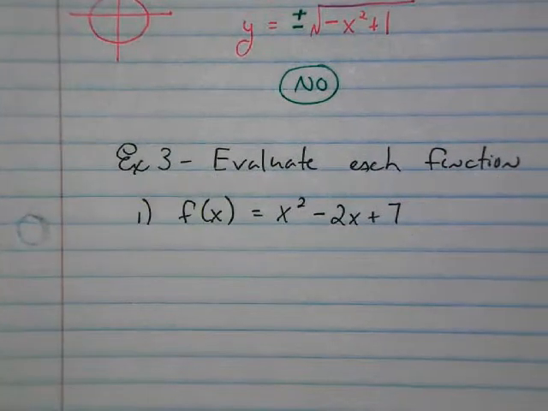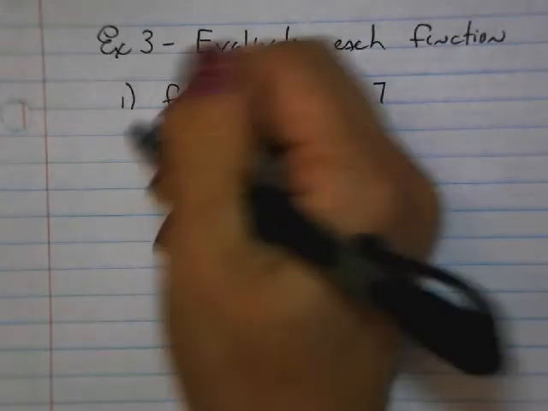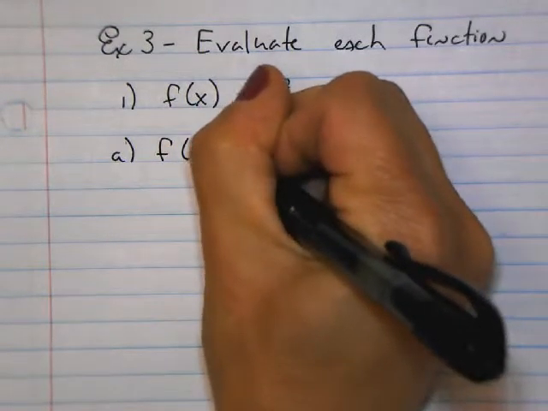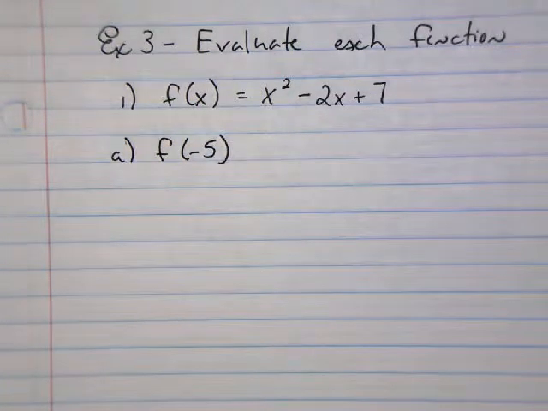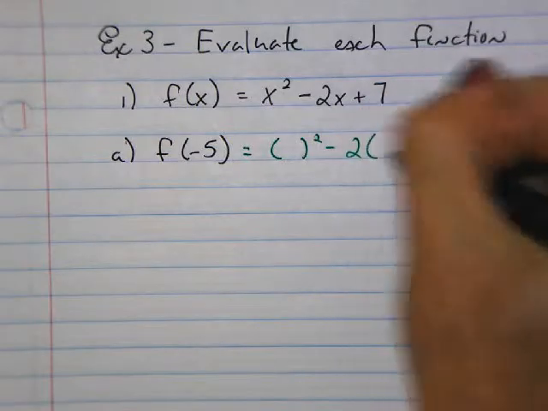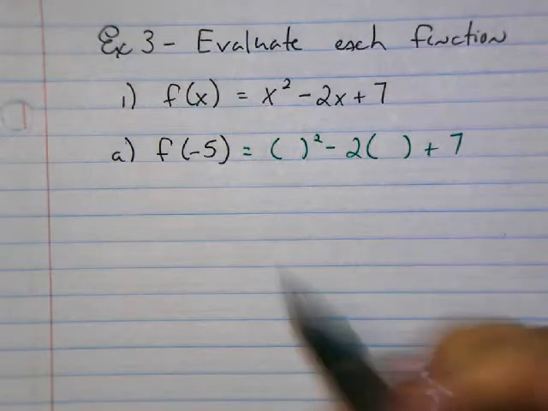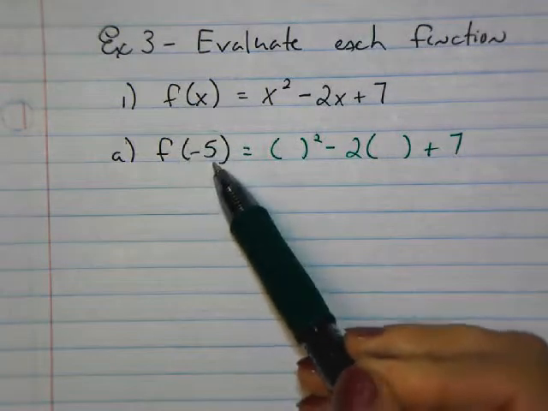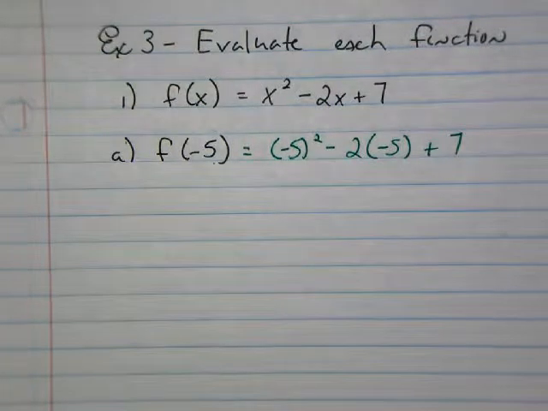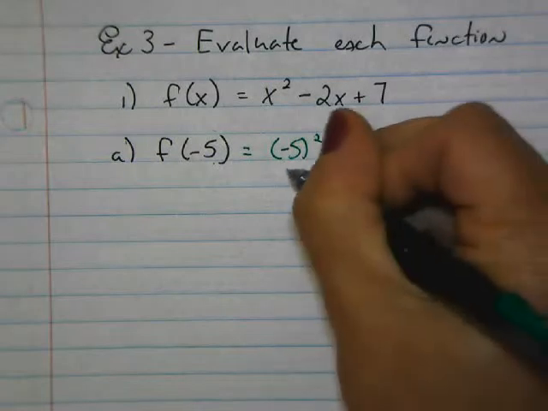Alright, the first one, I want you to find f of negative 5. All that means is anywhere you see an x, this time you're going to replace it with the value of x, which is negative 5. And now you evaluate the expression. So I get 25 plus 10 plus 7 for a total of 42.